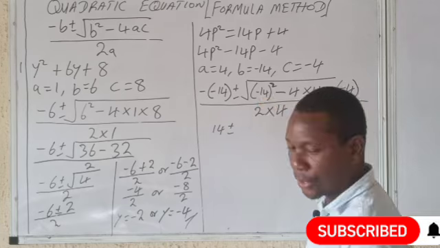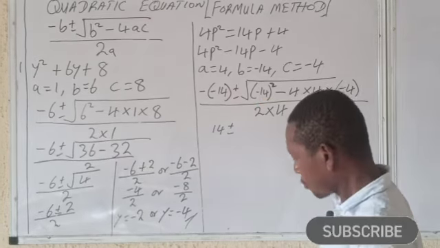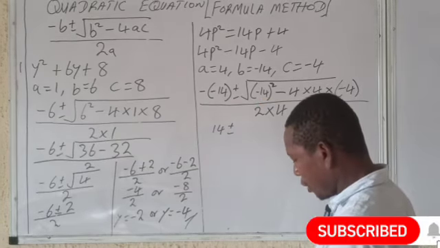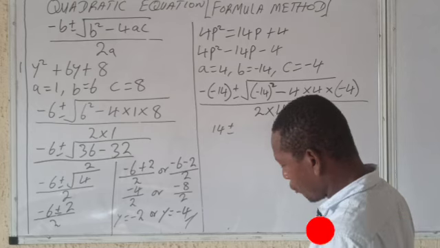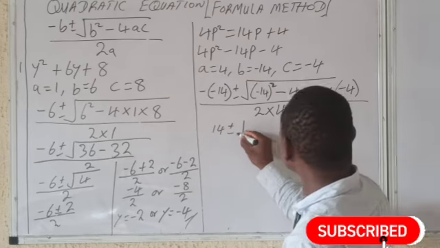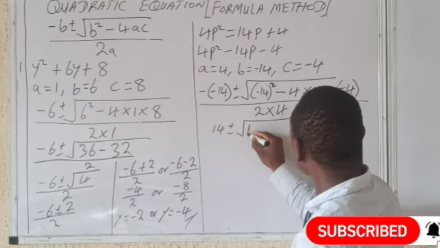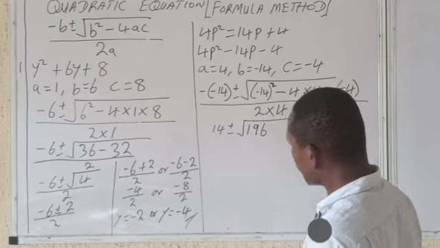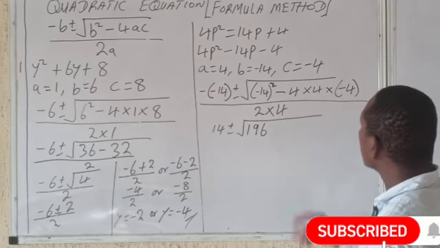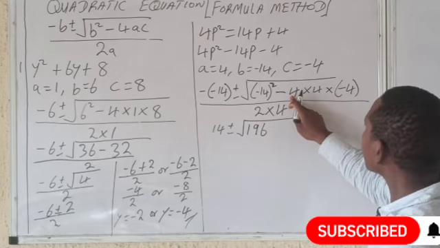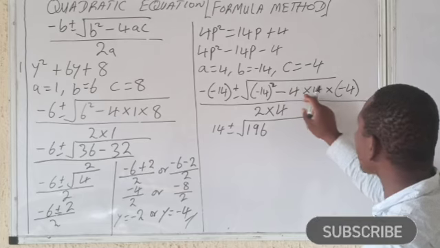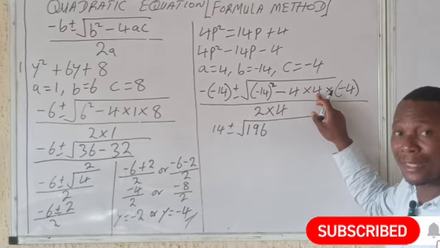Now if you square this, what will you get? Definitely minus times minus will become plus. So 14 squared, we will now have square root of 196. Now, minus 4 times minus 4 times 4 is actually minus 16.